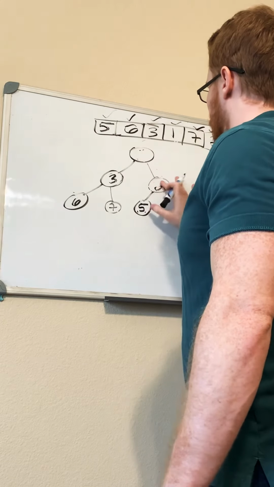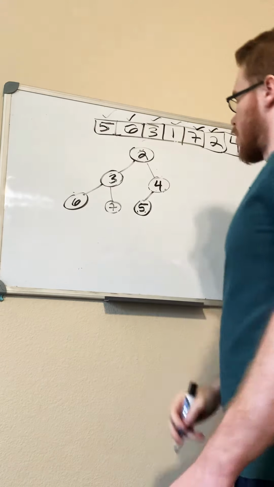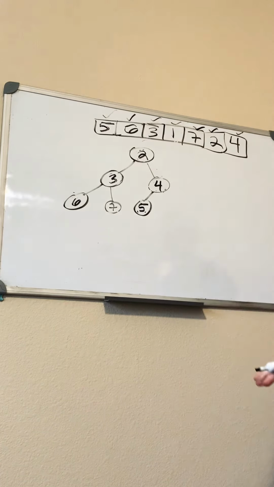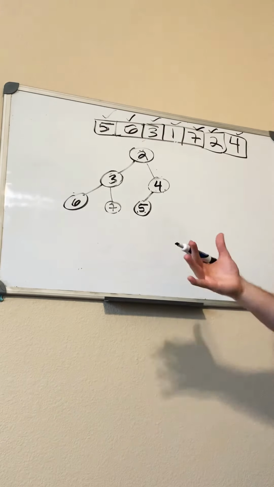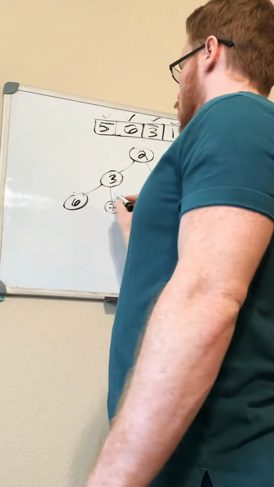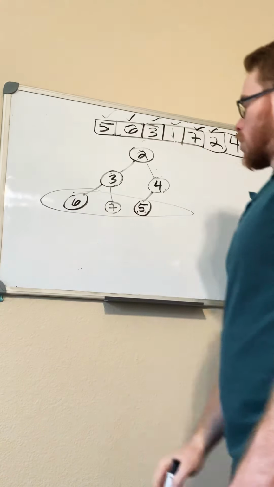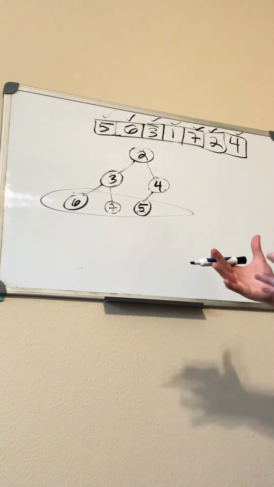So 2 would be the smaller value. That's going to go to the top. 4 is going to go down here. Now this is kind of a small heap, so that's it, because 5 is larger than 4. The heap looks good. The only incomplete row is this bottom guy here, which meets the requirement for a heap. We're all set.